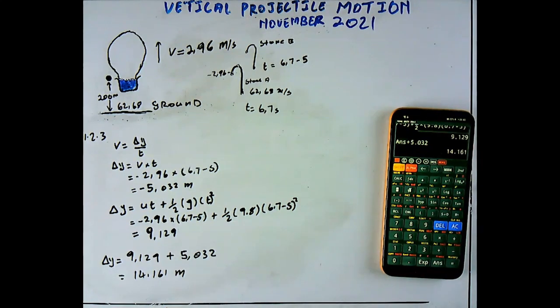This is the distance between the hot air balloon and stone B when stone A reaches the ground.